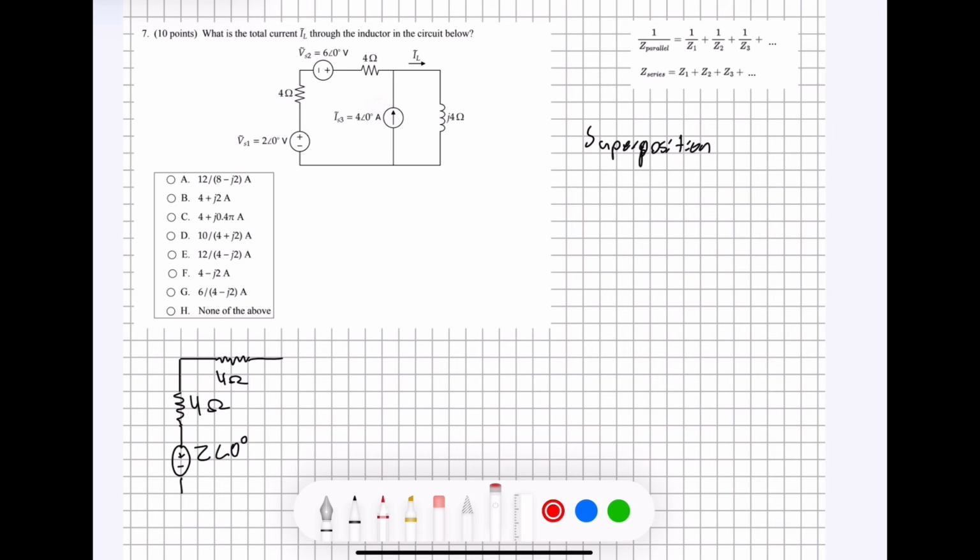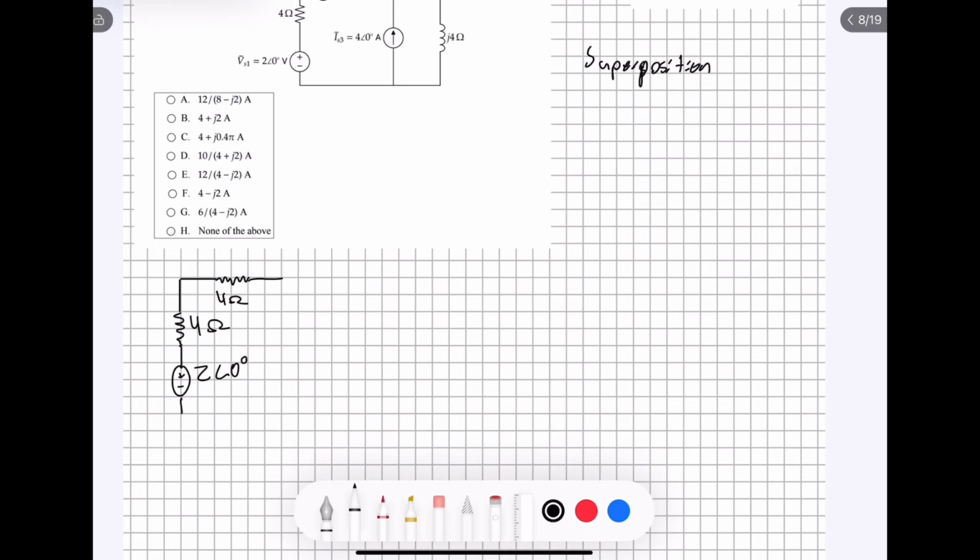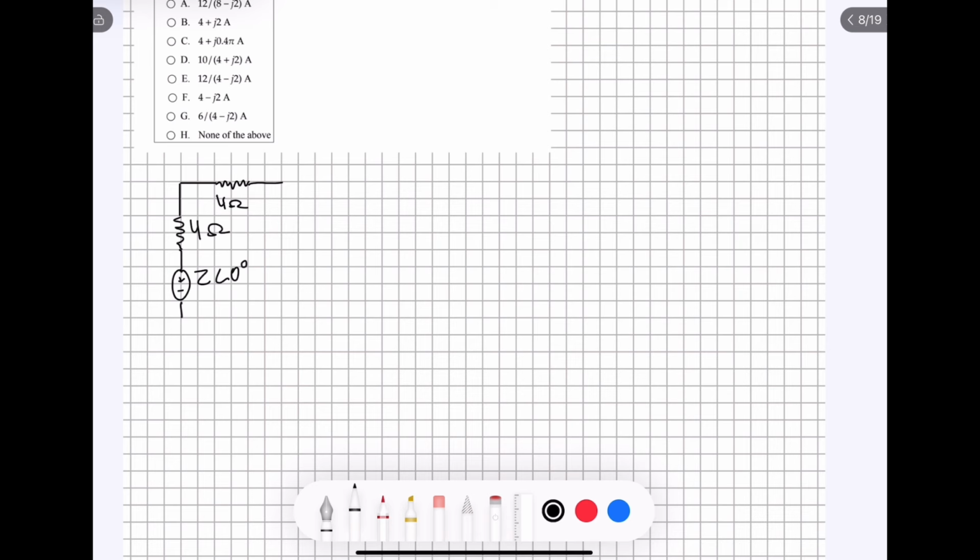So this middle branch here, when we turn our current source off, is just going to completely be neglected because it's an open circuit and no current is going through it. Which means that the next component of our circuit is going to be our inductor over here, with j4 ohms. This is our redrawn circuit number 1.